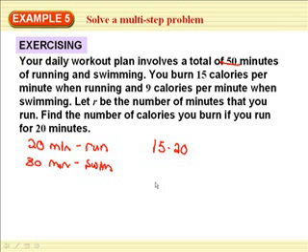Let R be the number of minutes you run. Find the number of calories you burn if you run for 20 minutes. So let's go back. We're going to go 15 times R for the number of minutes we run. They want us to put an R in instead of 20.